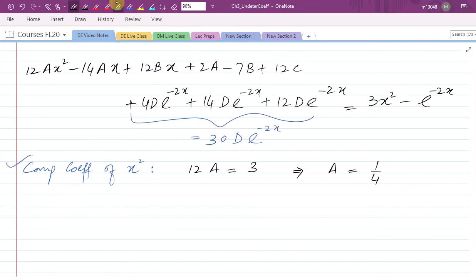Now we say comparing coefficients of x. So x is minus 14a here. Right, comparing coefficients of x, minus 14a plus 12b on the left hand side.